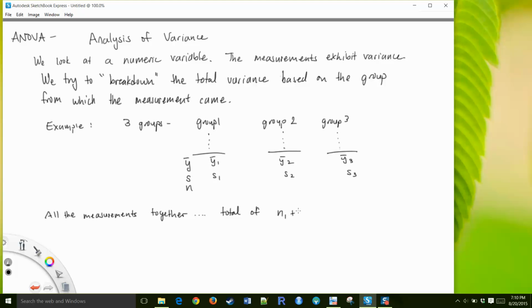And then we would also have what we call the grand mean, which is y double bar, and this would be the sum of all y's divided by n dot.